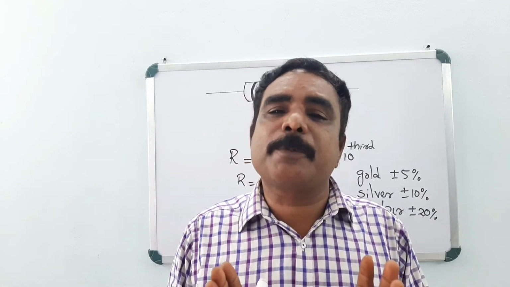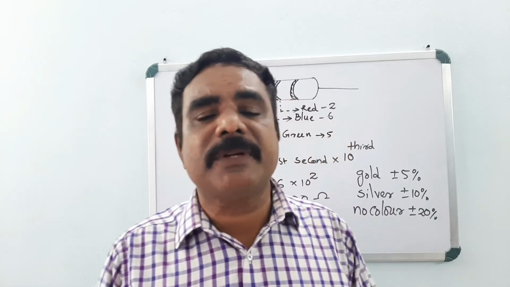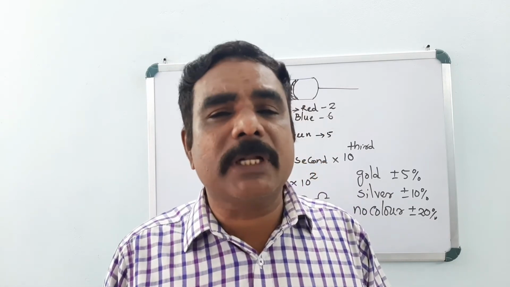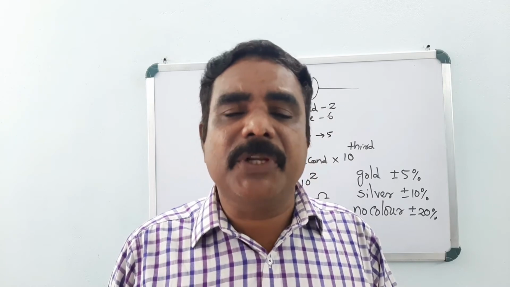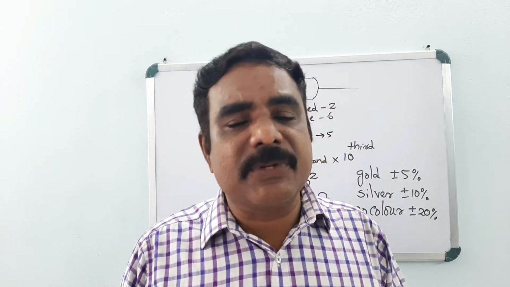If the 4th color is silver one, it indicates plus or minus 10%. And if the 4th color is absent, it means of high tolerance plus or minus 20%. This is how to calculate resistance and tolerance.